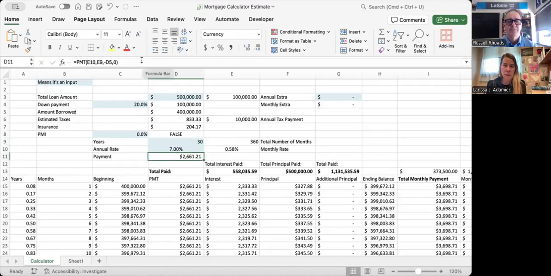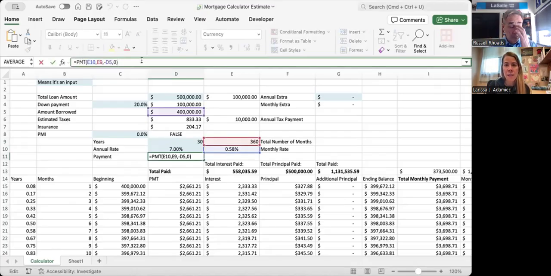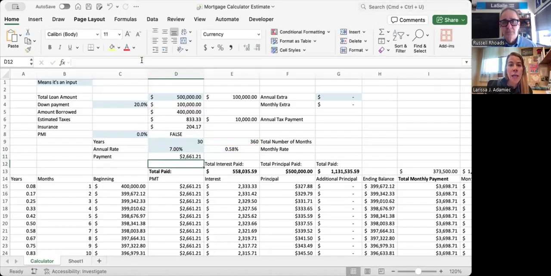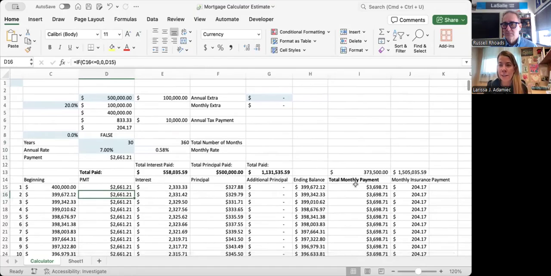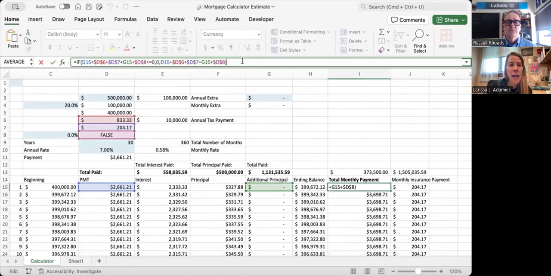is based on the total number and then the monthly rate and the amount borrowed. Our payment is going to be static the entire mortgage. I also included, because I was very curious about how much we're actually spending, we have embedded into the total monthly payment the payment itself, any PMI, the insurance, and the monthly taxes.